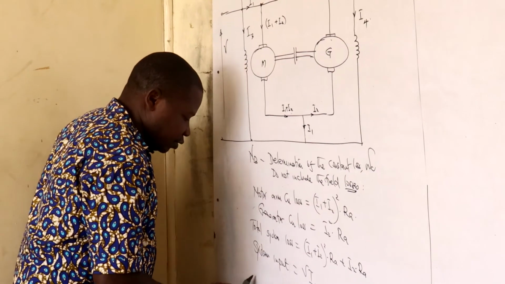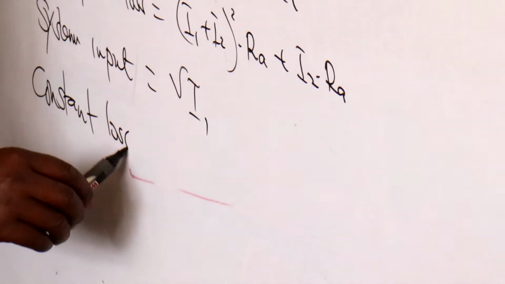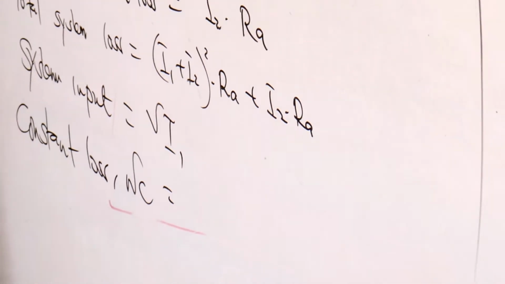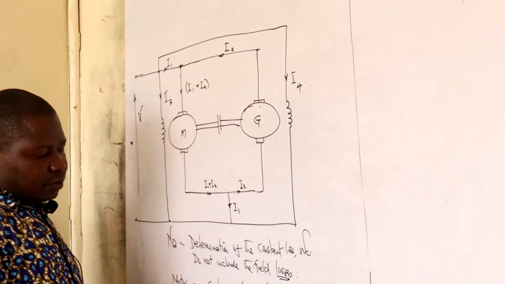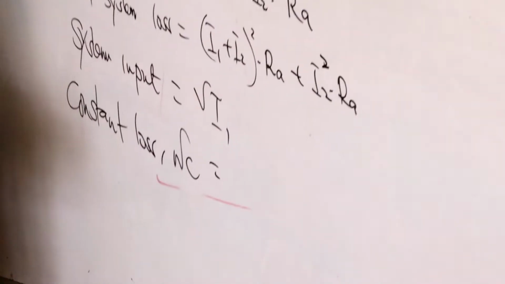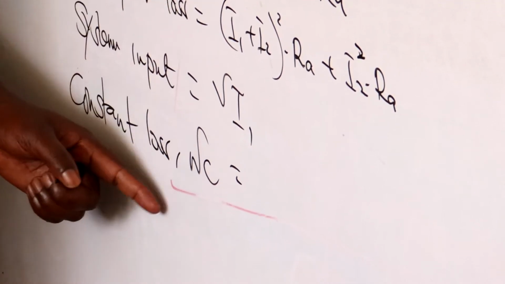And therefore, what is the constant loss WC? WC will be the input to the system minus the system loss.